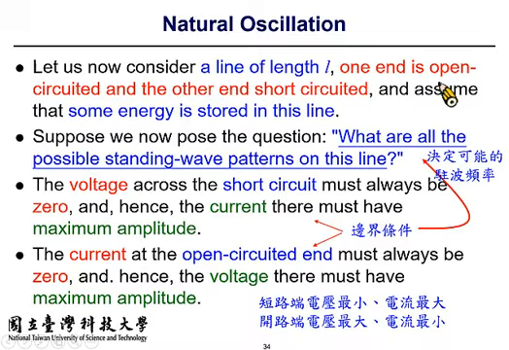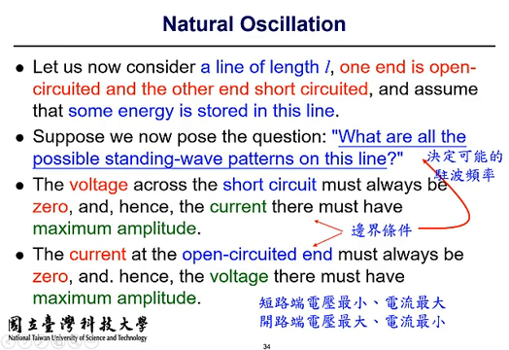So the short circuit determines that the voltage across the short circuit must be 0 at all times. And the current at the open circuit end should be 0 at all times. So depending on the termination, short circuit or open circuit, it determines whether it's a voltage node or a current node.